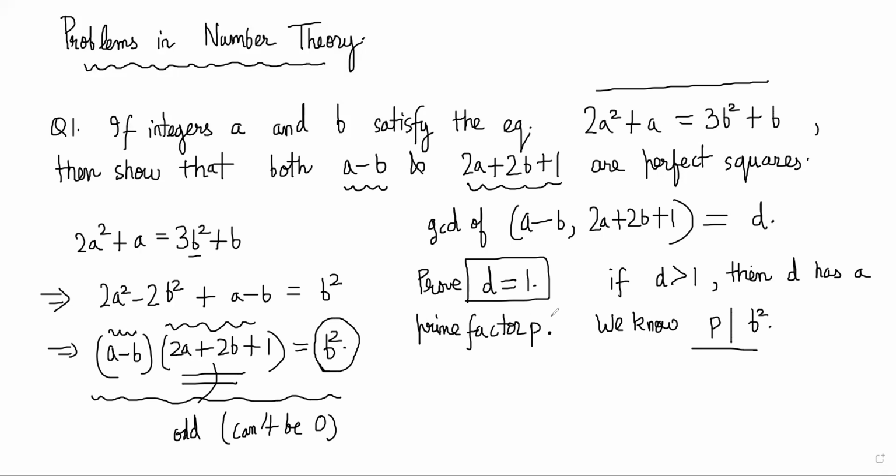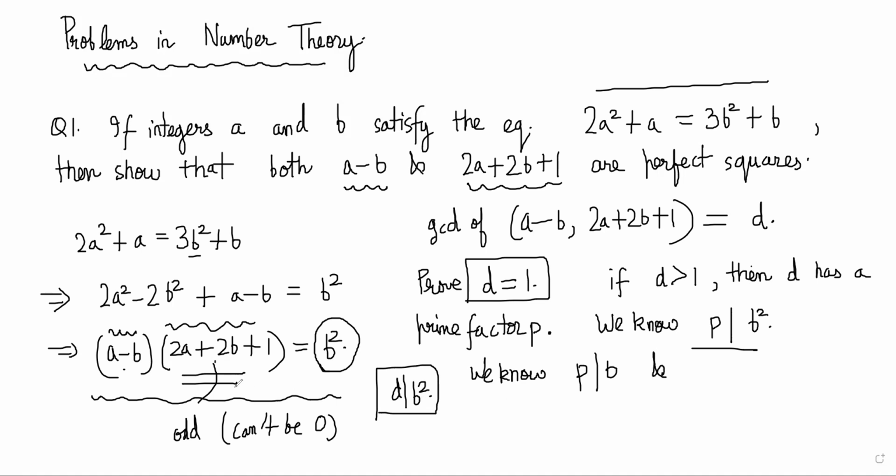Because from this equation, we can infer that d divides b square, because the product of these two is equal to b square. And if d has a prime factor p, then p divides b square, right? So if p divides b square, we know that p must divide b.